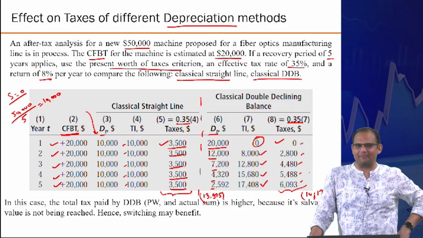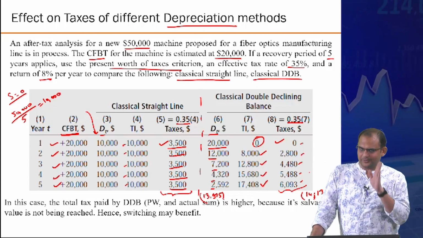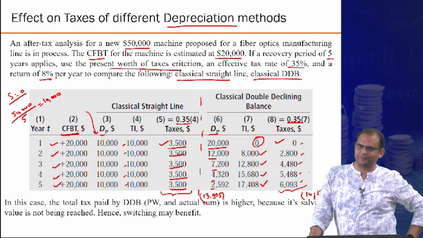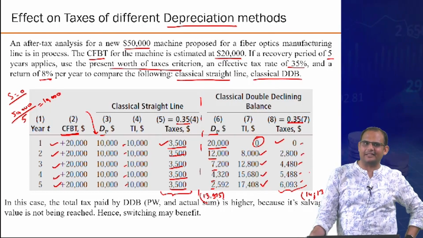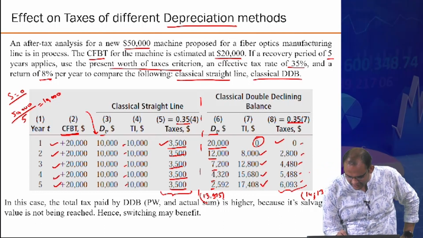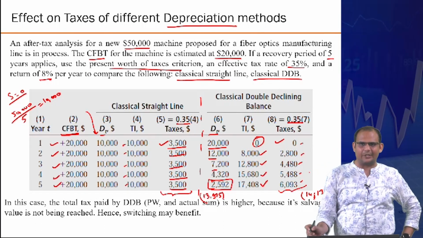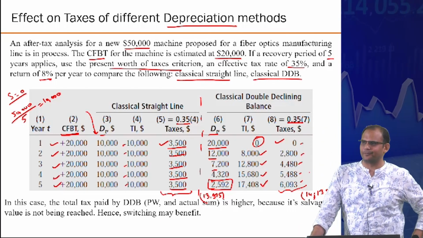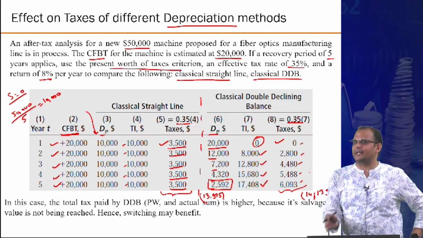The statement that I made so far is true when ultimately you are reaching the same salvage value. In this case, the DDB based calculation is not reaching the salvage value of 0, which your straight line method is able to do. But your DDB method is not able to do.